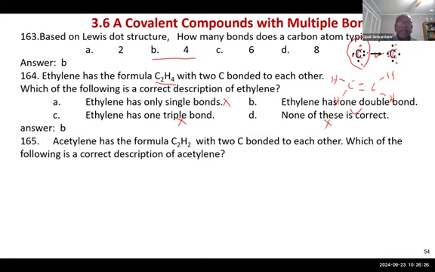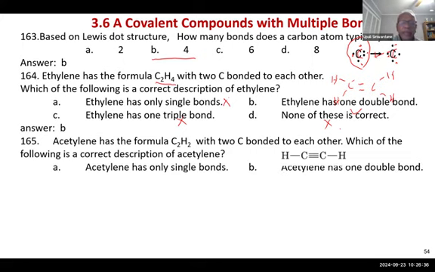Acetylene, we wrote down acetylene. Which of the following is the correct description of acetylene? Acetylene has 1 single bond. There are 2 single bonds. Acetylene has 1 double bond. That's not true either.